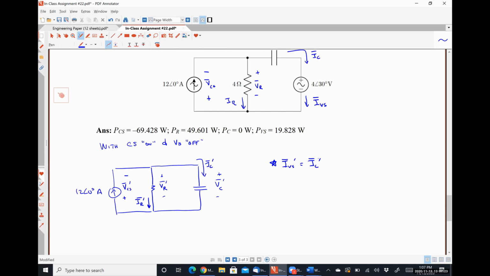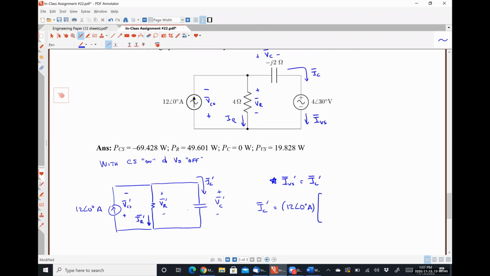All right, so using current division, I would say that IC single prime is going to be 12 angle 0 degrees amps multiplied by, oh, I should write down these values, minus J2 and 4.